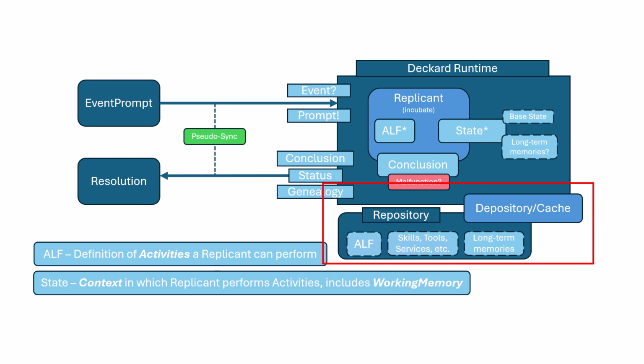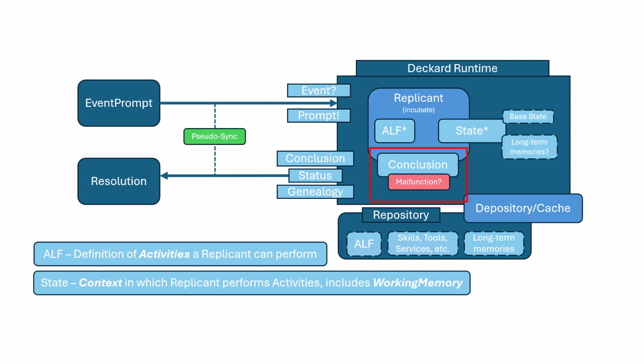So once a replicant performs an activity, it will come to a conclusion. That is literally and figuratively. Conclusion means it's concluded the activity, but also it can create a conclusion, which is an object of information. That conclusion may potentially involve a malfunction that can either happen at the replicant level or the runtime level.